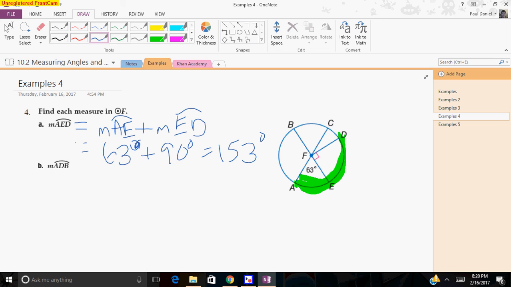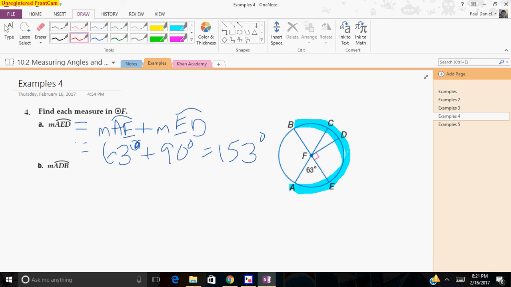Alright, next we want to find the arc ADB all the way around. Wow, that is quite a distance. Alright, to figure out this one, I need to also think about adding these things up. So here's something I know that I can break this apart into.